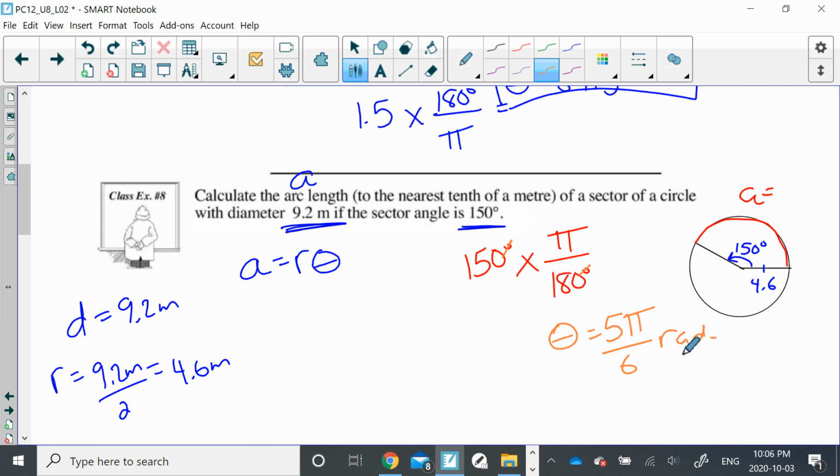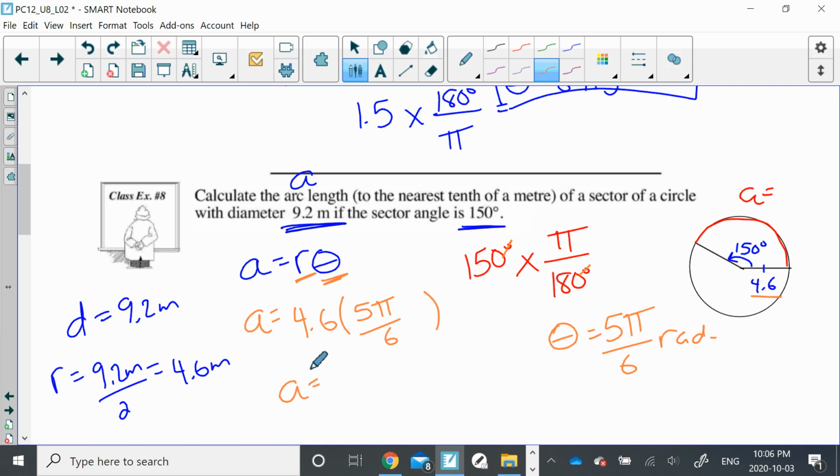So now that I'm in radian measure, I could do my calculation. So the arc length is equal to the radius, which was 4.6 meters. So I'm just going to put 4.6 times the angular measure in radians, which is 5 pi over 6. And they want this to the nearest tenth.